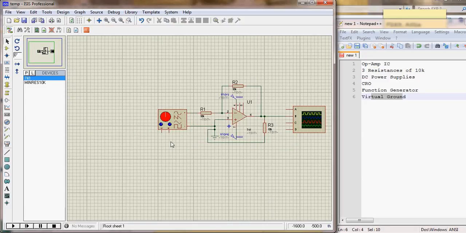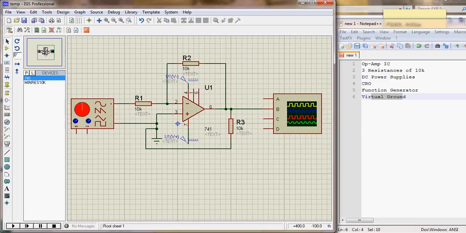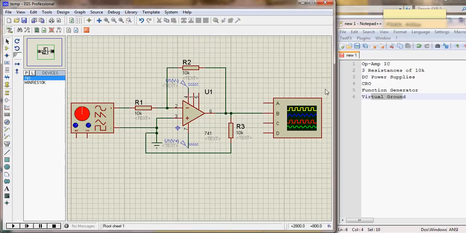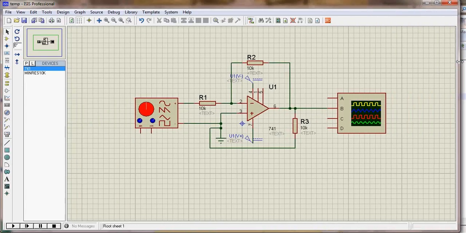What else we need to do? We just need, we can close this one or we can hide it. Play one set.